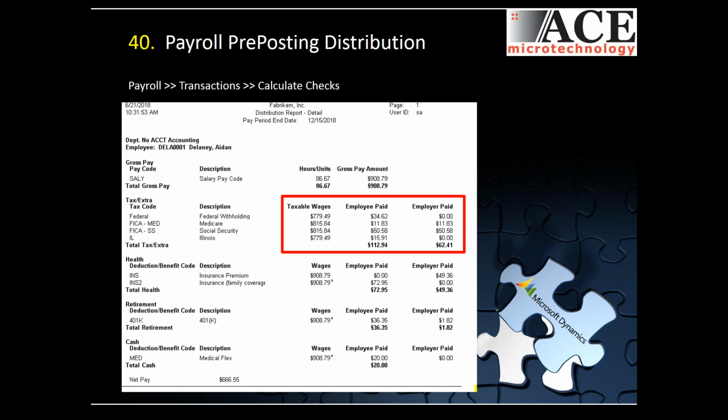This runs automatically for you after you run calculate checks, and this is kind of a sample of the report that comes out. You can see that the taxable wages for each individual person is X, and it's calculating a certain amount of what the employee will pay, or even the employer pays on anything that's matching.